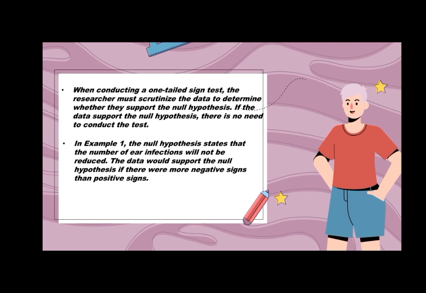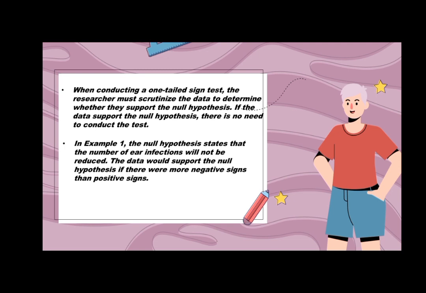The reason is that the before values x sub b in most cases would be smaller than the after values x sub a, and the x sub b minus x sub a values would be negative more often than positive. This would indicate that there is not enough evidence to reject the null hypothesis. The researcher would stop here since there is no need to continue the procedure.